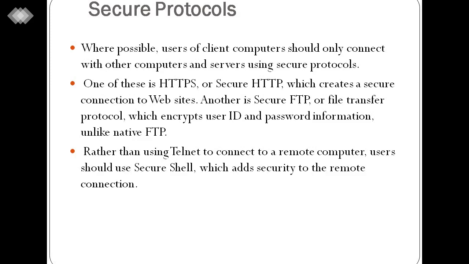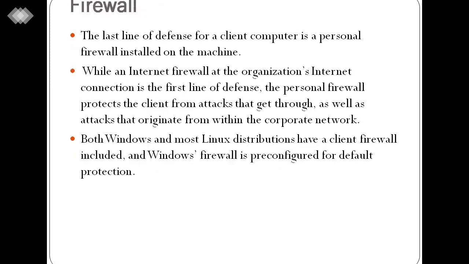In firewalls, the last line of defense for a client computer is a personal firewall installed on the machine, while an internet firewall at the organization's internet connection is the first line of defense.